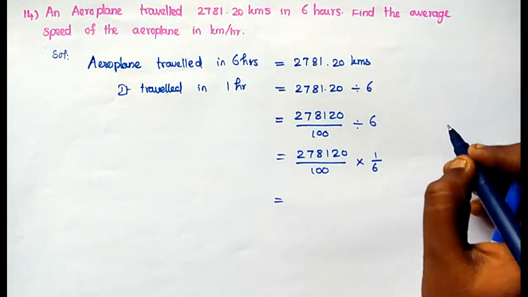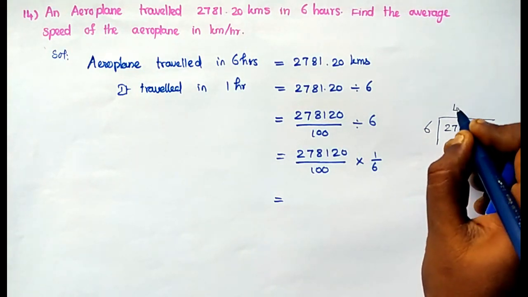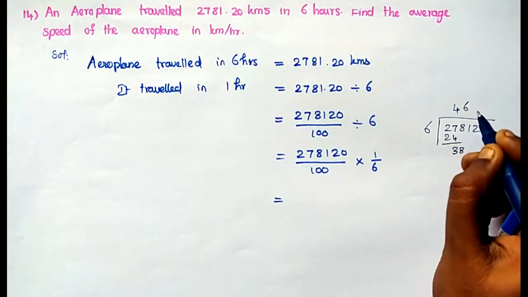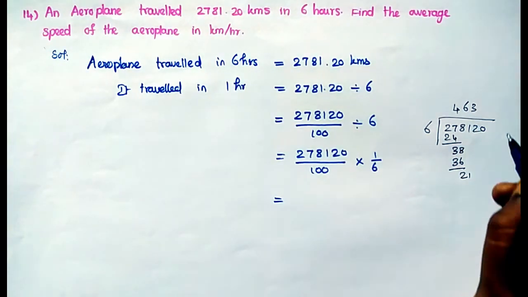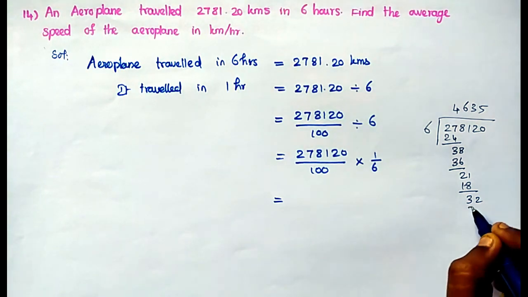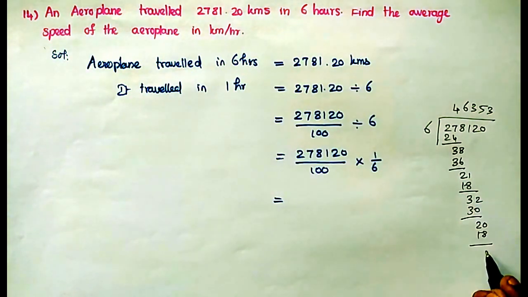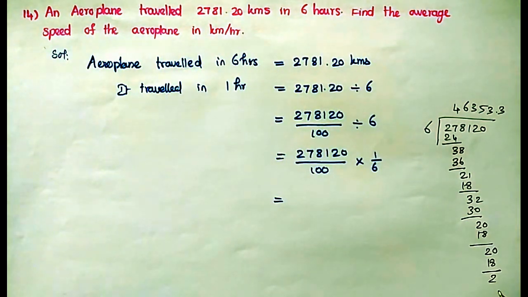Divide means 278120 divided by 6, that is 4 sixes are 24, balance 3, bring down 8, 6 sixes are 36, balance 2, bring down 1, 3 sixes are 18, balance 3, bring down 2, 5 sixes are 30, balance 2, bring down 0, again 3 times 18, again balance 2.